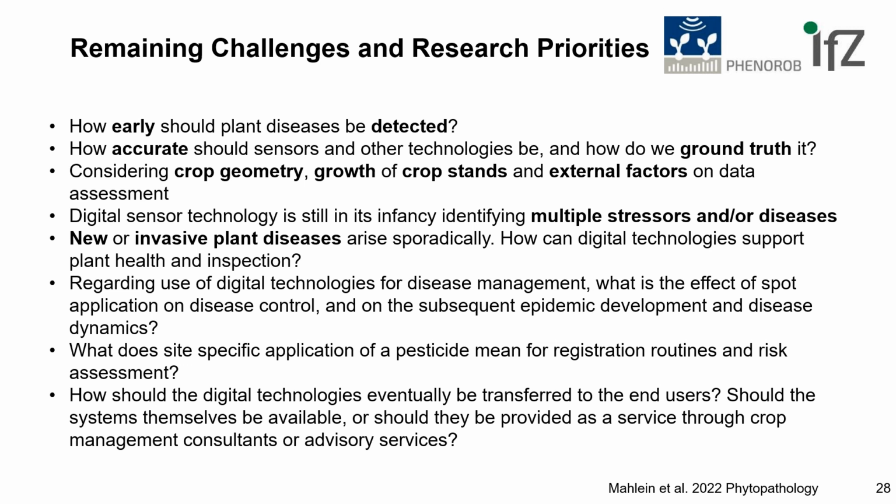What is still ongoing is the consideration of crop geometry and the consideration of growth of crop stands and external factors, as shown on the last slide. And where we also need further research is research on the interaction of different kinds of stressors. So how do multiple stressors and multi-disease infections influence the optical properties of the plants?